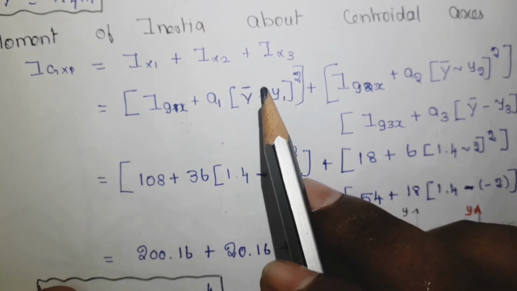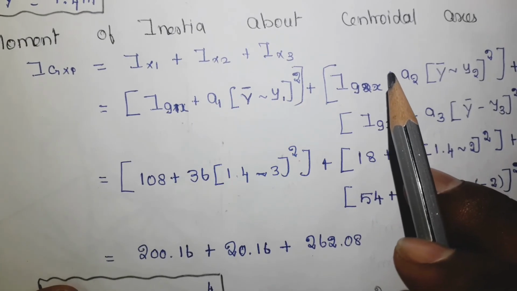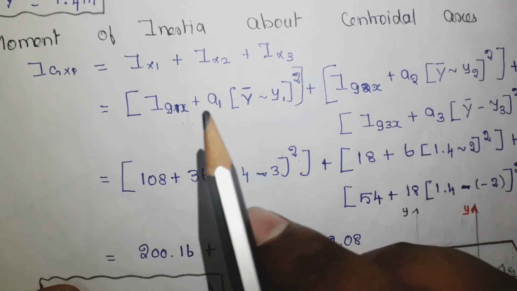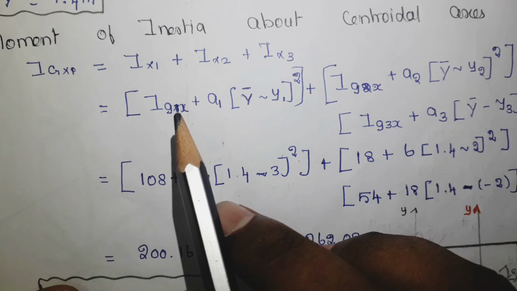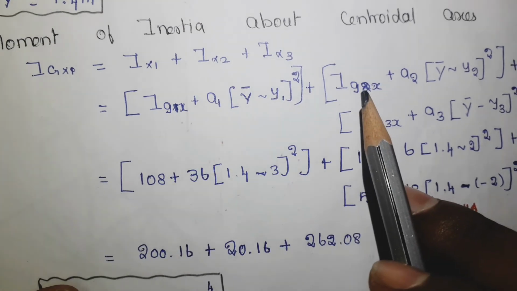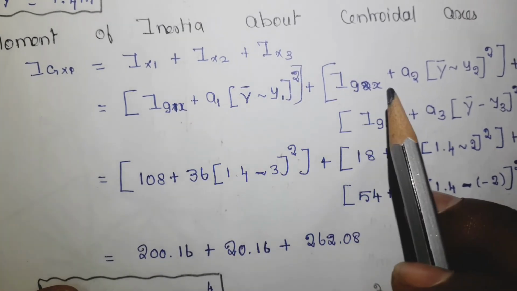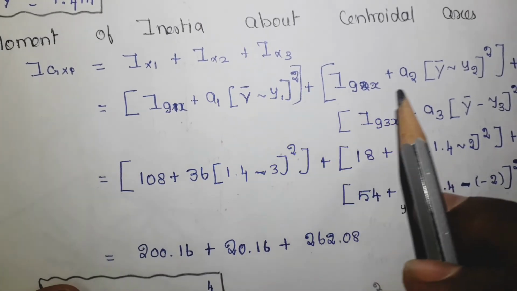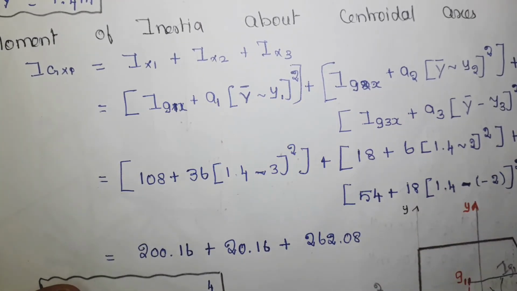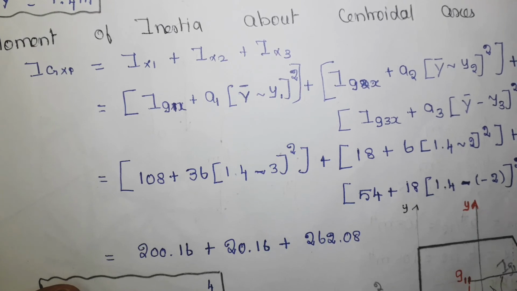Okay, I'm going to use the same formula for the first triangle. You just look at here. Here only I'm going to change the number, Ig1, here Ig2x. Similarly here it is a1, here it is a2, here it is y1 and y2. So this is how this formula can be applied to any areas.